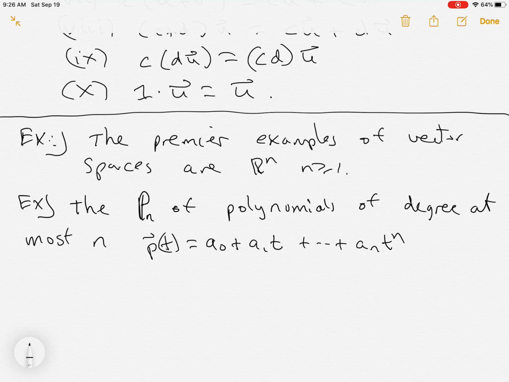So this is the vector. This is the object in the vector space. And in this case, these are real polynomials. The a's are real numbers. And yeah, this is a vector space.